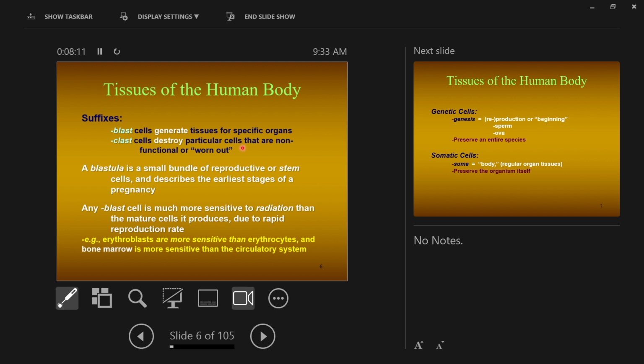Okay, and then I told you there were 3. Okay, blast, clast. If you see the suffix cyte, C-Y-T-E, at the end of a cell, that's just the suffix we use for a mature cell, okay? So remember blast is immature. So the word immature for blast should be paired up with the other 2 words, undifferentiated, non-specialized.